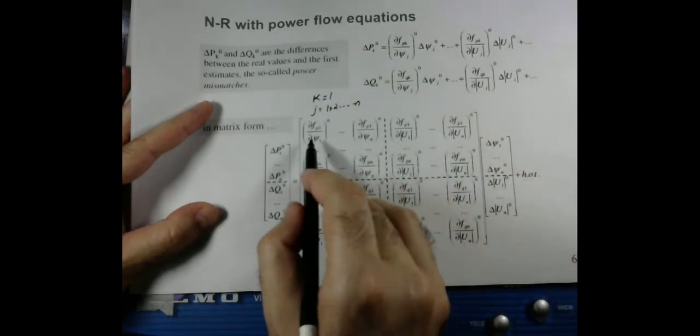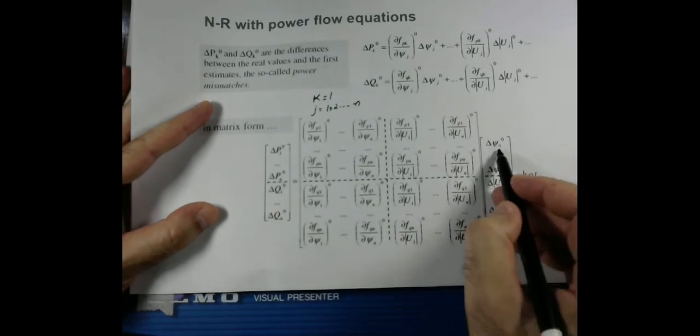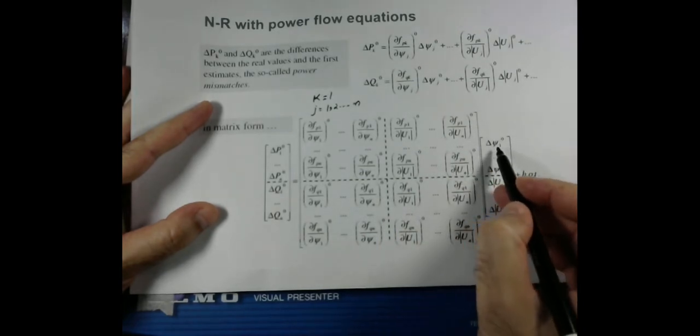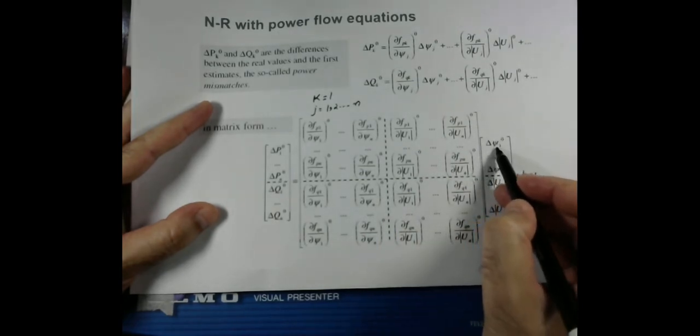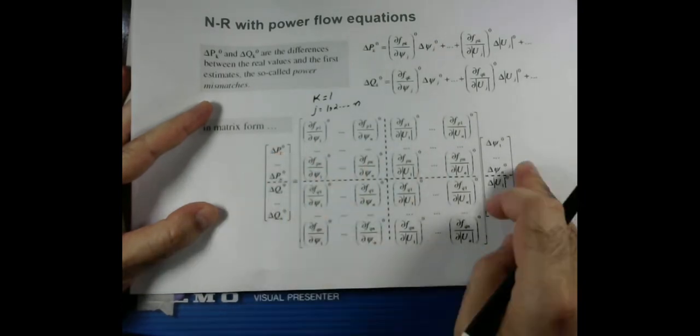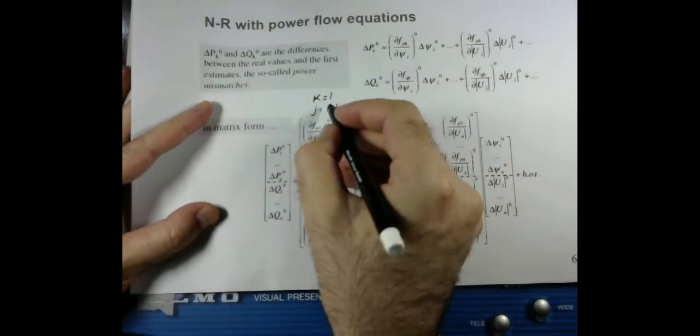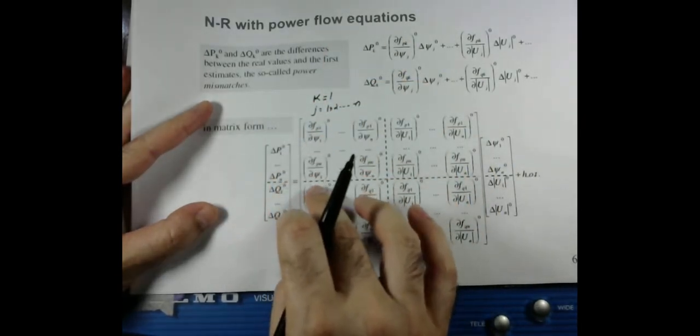Likewise we discussed the angle, and similar will be the case for the voltage. On this side we have the error in the angle psi 1. Similarly we take K equal to 2, then K equal to 3, and so on.